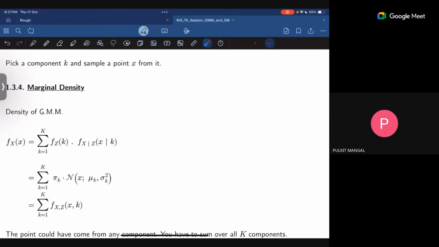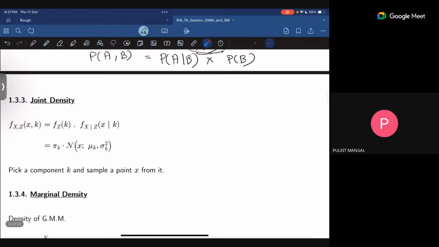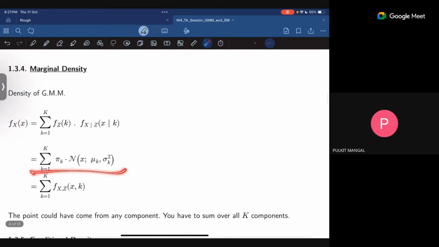We just sum up the joint density of x and z across all the components. Because the point xi could have come from any of the components, we sum our joint density function across all the components. And that's what I have written here.